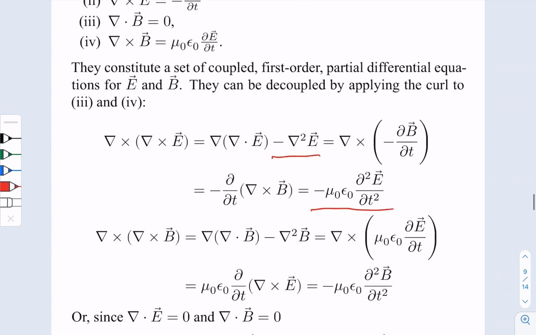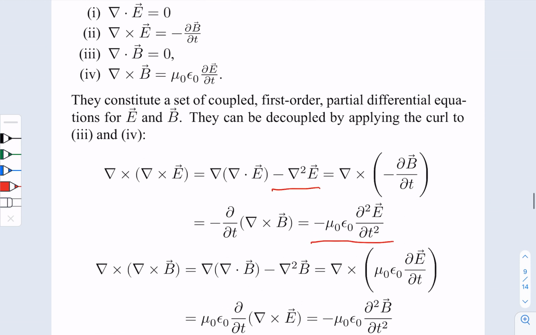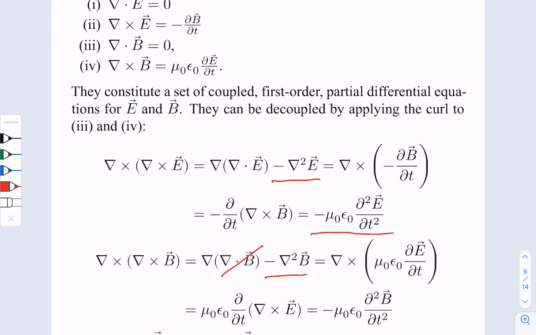Likewise, we can do the same for the B field. The first term is exactly 0 and only the second term is left over. The del cross B we change to partial E partial t, and then we pull the partial t outside, and the del cross E gives us back partial B partial t. So for the B field we have a similar equation.